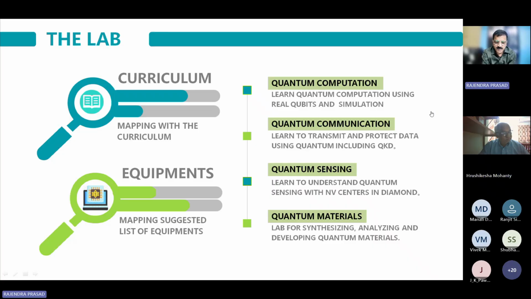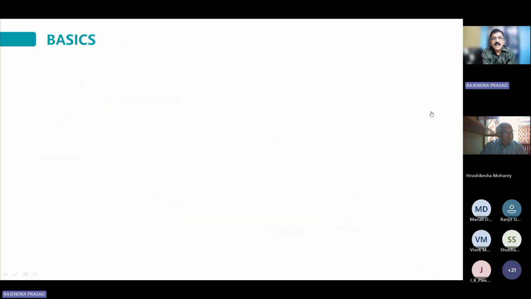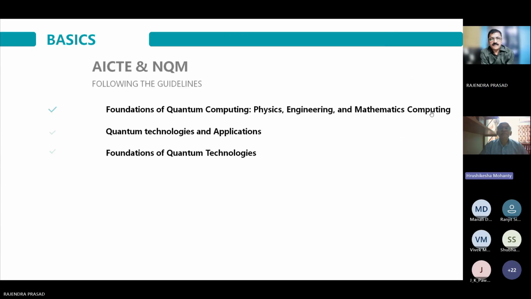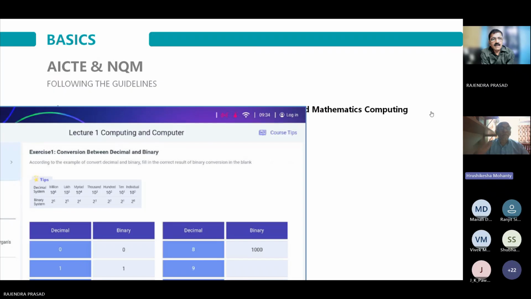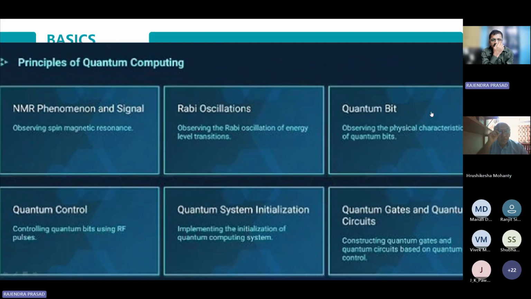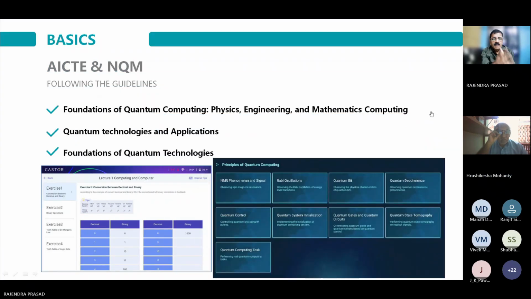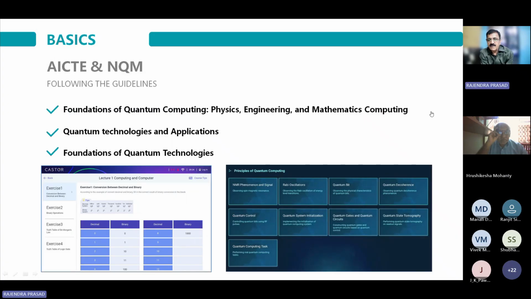Now, up to this part, we are only covering the top topics, giving you headlines of what we are going to do. Now, as far as the basics are concerned, AICTE and NQM have given certain guidelines. So when we initiate the process of creating the lab, we have to give foundations on quantum computing, technologies and applications, and quantum technology foundation separately.